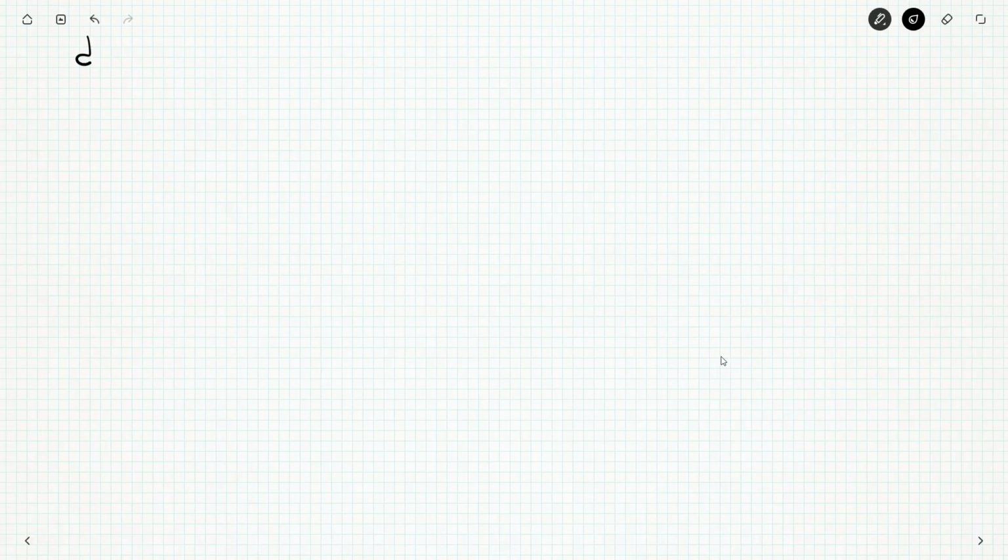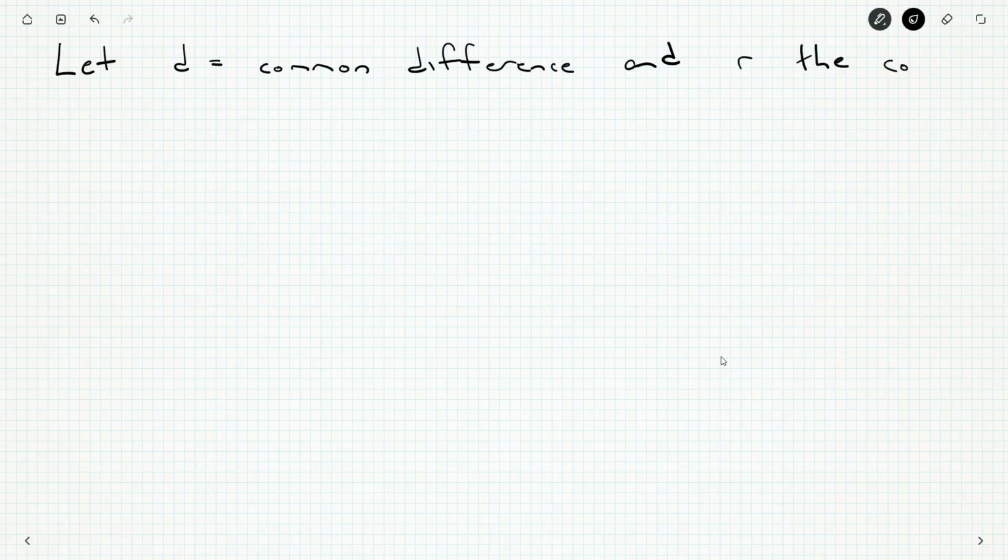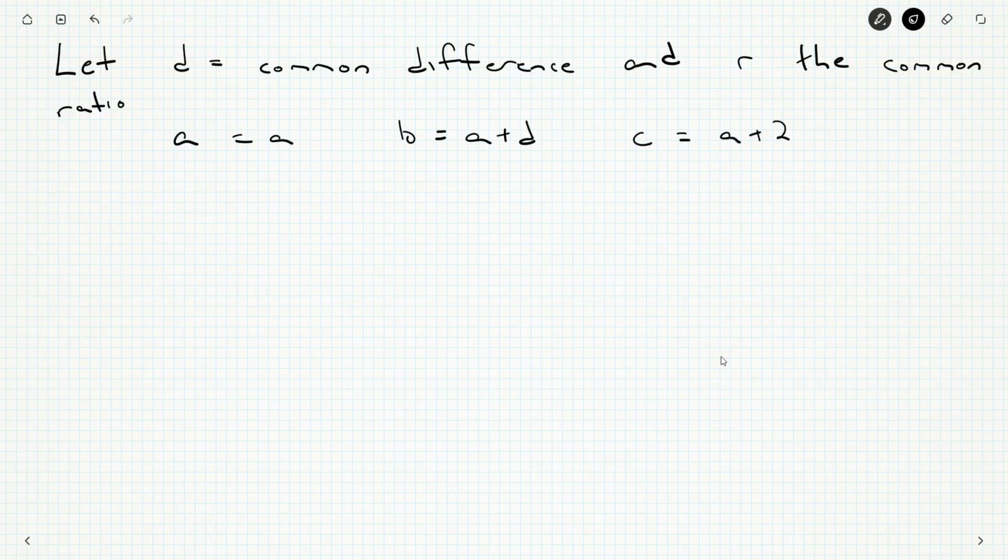Let's try and use a bit more full sentence style. Let D equal the common difference and R the common ratio. So A we're going to call A, B is going to be A plus D, and C is going to be A plus 2D.